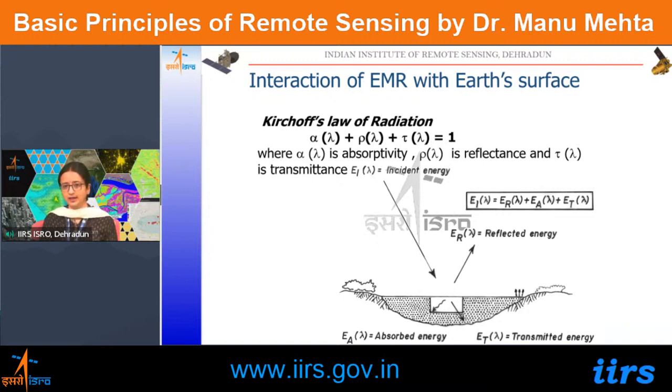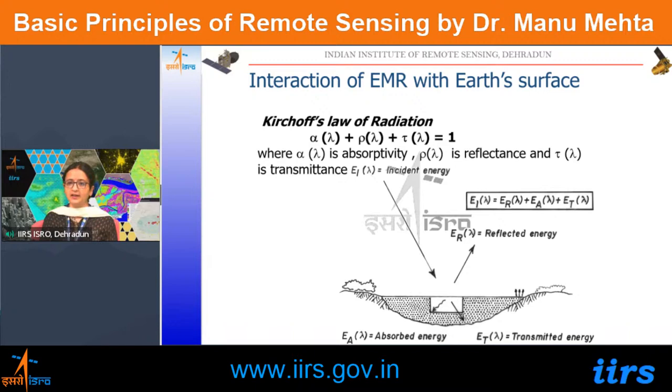I have stated already that the total energy will be partly reflected, partly absorbed, and partly transmitted. This brings you to the law of conservation of energy, and correspondingly Kirchhoff's law of radiation.